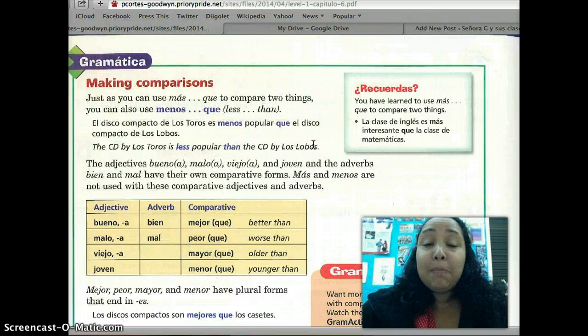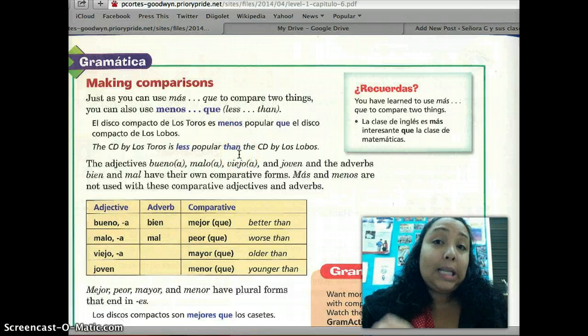Well, just as you can use más que, you can also use menos que. An example here that they've listed is el disco compacto de los toros es menos popular que el disco compacto de los lobos. The CD by los toros is less popular than the CD by los lobos. As you see, we have these words that are highlighted in purple to show you the placement.